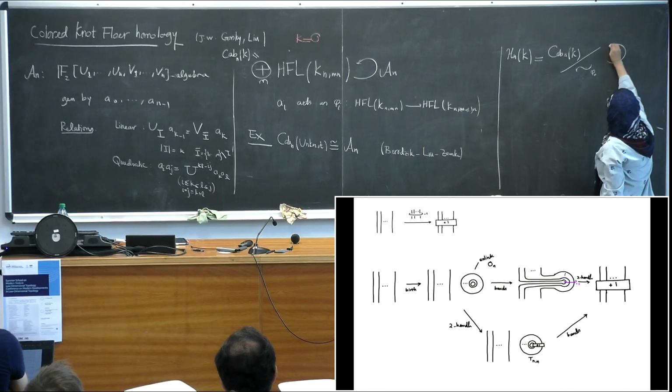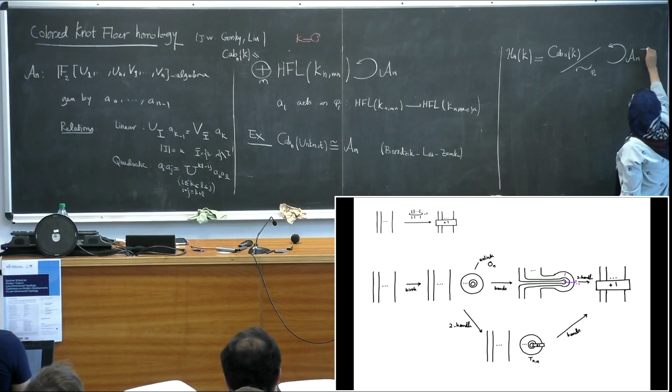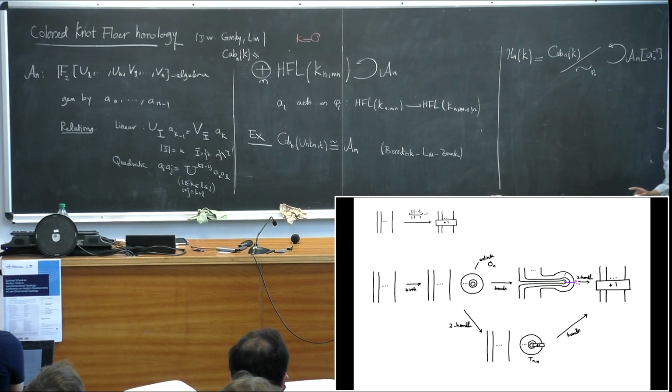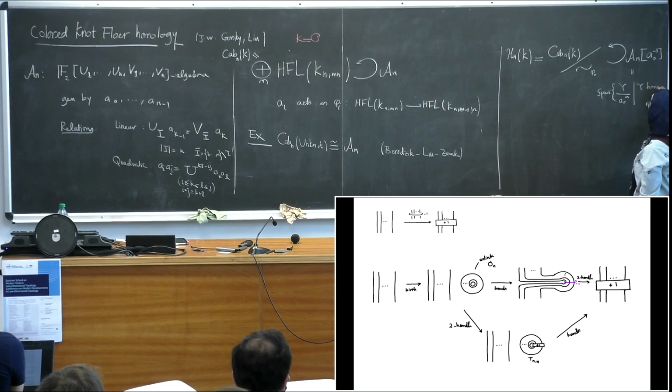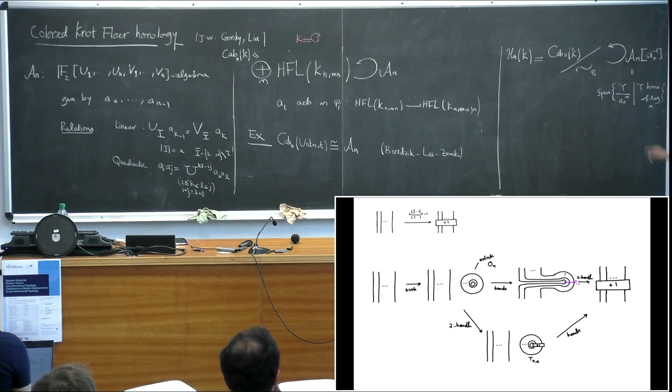And here, in order to get the module structure, we need to localize this, or do a graded localization of A0, which this guy is just a span of, let's say, y over A0 to the m, where y is homogeneous of degree m. So it's graded. Okay. Great. But what is this?